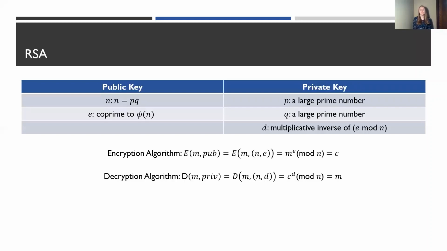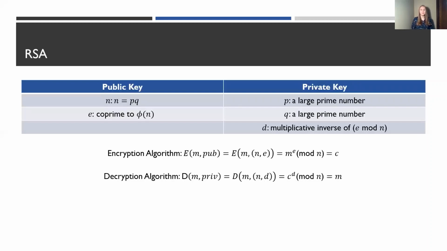Then to find E, the value of E must be co-prime itself to the value that was output of the Euler-Phi of n. So again, co-prime, in case you were unsure, means that two numbers cannot share a common factor. So for instance, they can't both be even because they both have a common factor of 2.